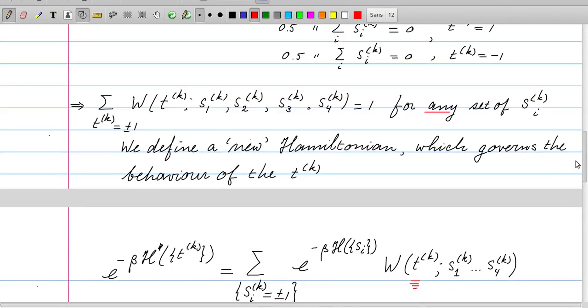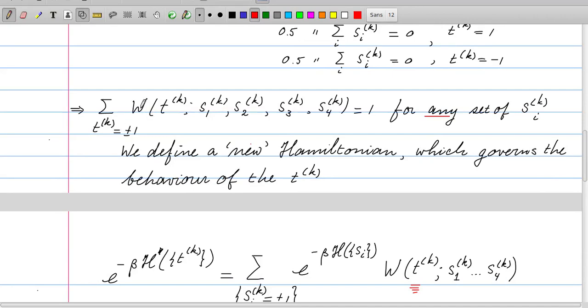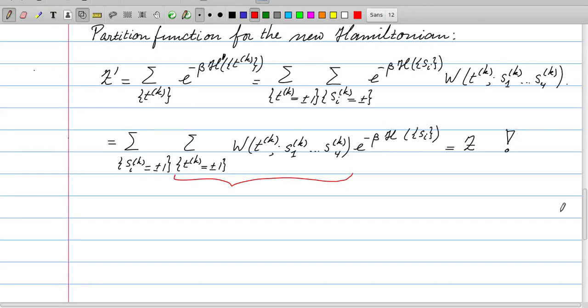And scrolling back we had seen that that sum over the TKs of the W for any configuration of the S's adds up to 1. So if I take any configuration of S's here and I work out this sum, it just gives me a 1. So I can leave it out from this expression, and then we see that what I end up with is just the sum over S and then the Boltzmann factor of the Hamiltonian in terms of those S's, and that was the original partition function.